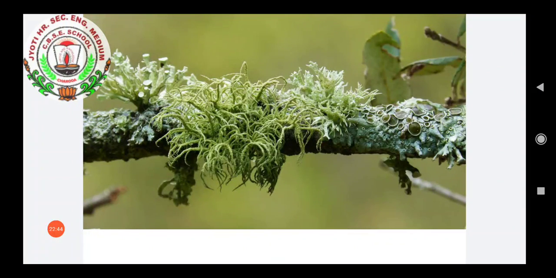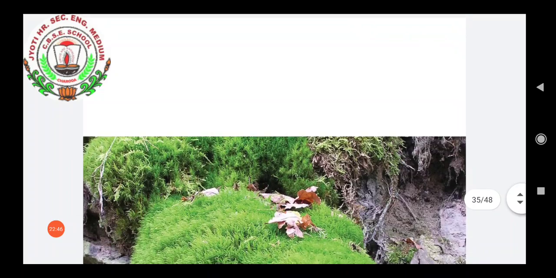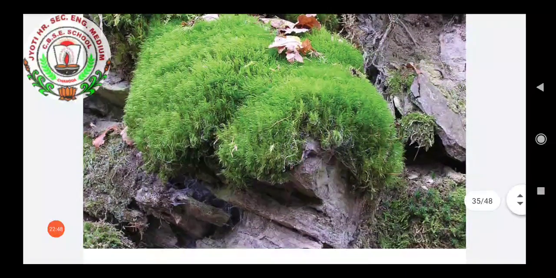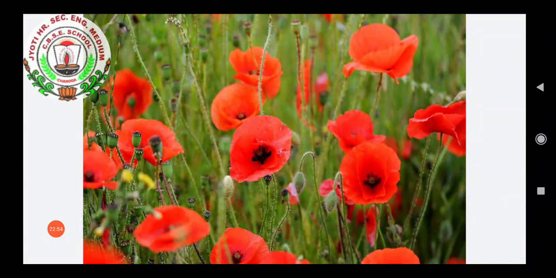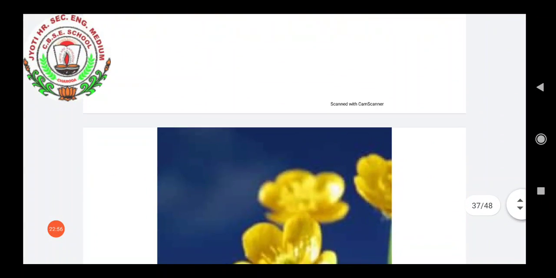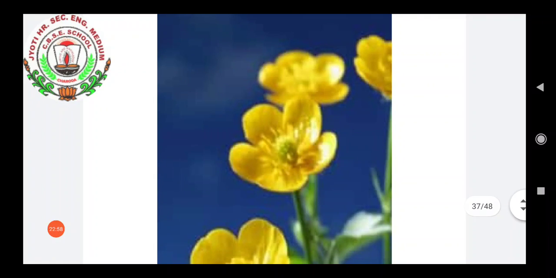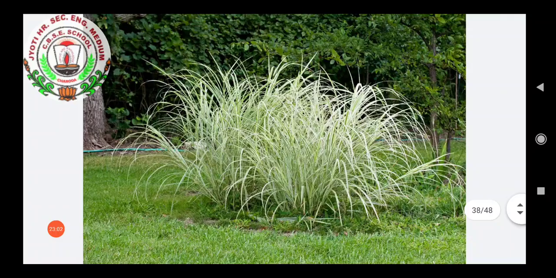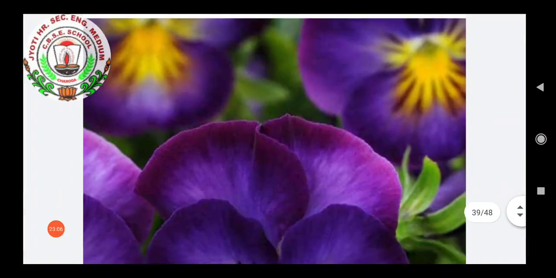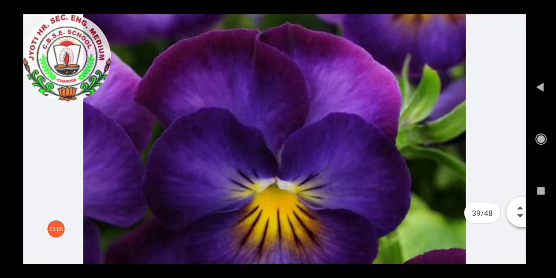This is the lichen. Then we have mosses, then poppies, buttercups, sedges, and these are the violets.